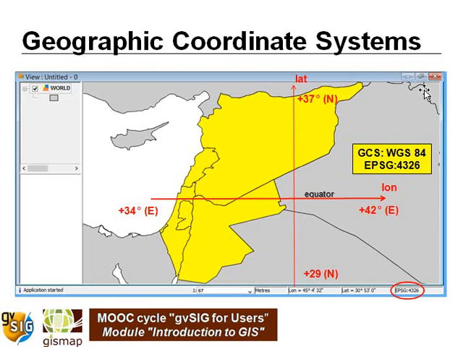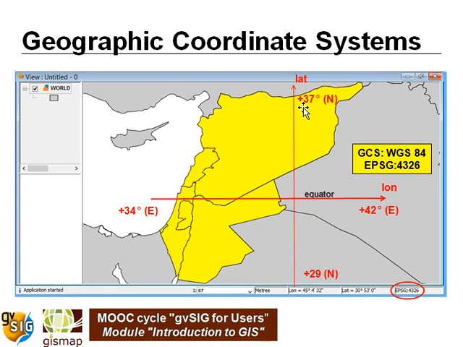You see here, if we load the Middle East, that the system is, as I told before, 4326, and the region extends from 34 degrees east of Greenwich until 42 degrees east, more or less, and from south to north, from 29 degrees north of the equator until 37 north.